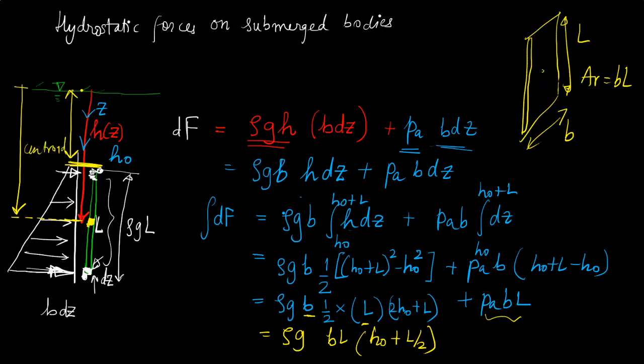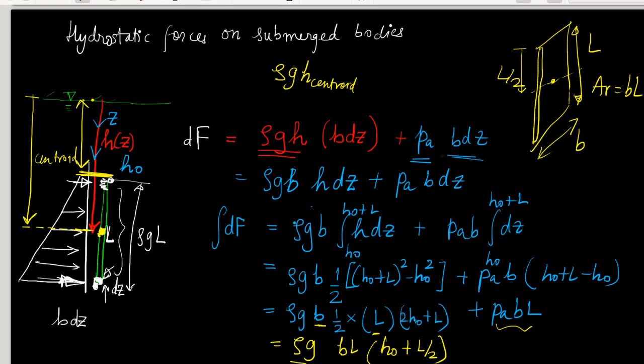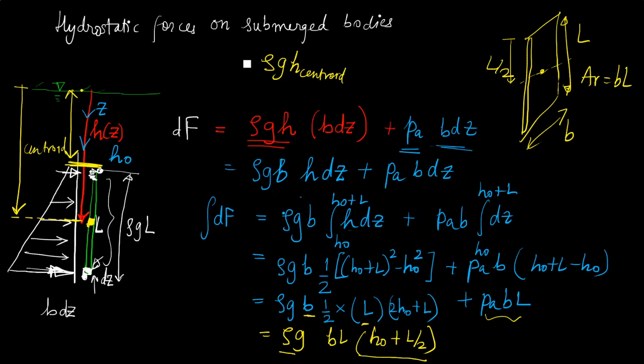Because the depth of the centroid is L upon 2, and H naught is the depth of the top surface, so H naught plus L upon 2 is the centroid. So this particular interpretation is rho G times the H of the centroid. Let me call it HC for convenience, times the area, plus the other term, which was PA times area.